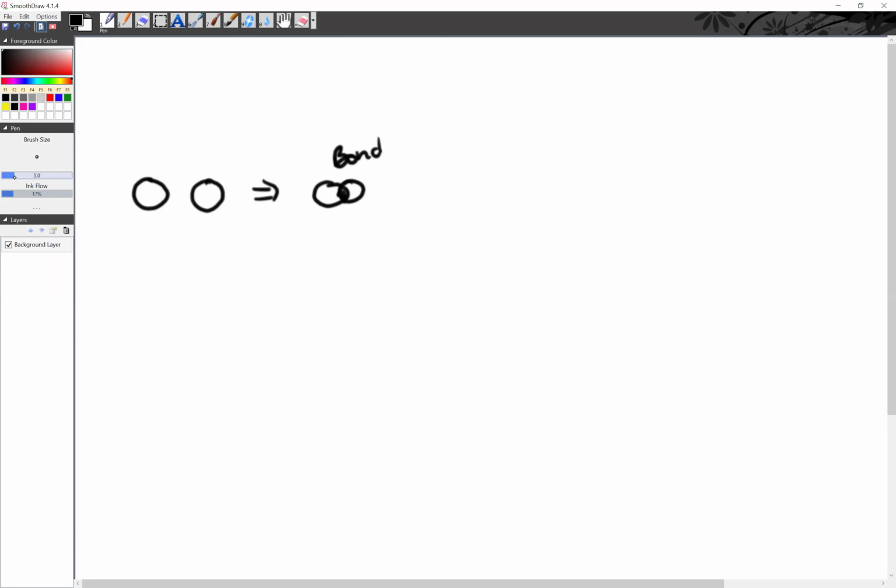And so that is what we would be looking for, which is great. And if we had two P's come together, if they overlapped, we would get something like that, which would be a bond, which is a true overlap.